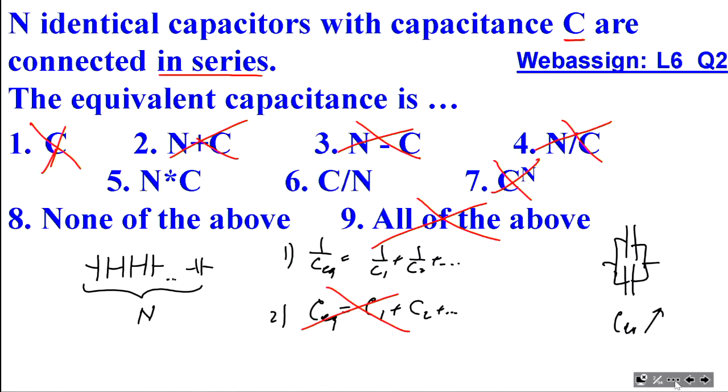And all we have to do now is just finish the calculation. 1 over equivalent capacitance will be equal to 1 over C, n times, because they are identical. Hence, now we flip it over. And this is a handy fact which we can always use when identical capacitors are used.